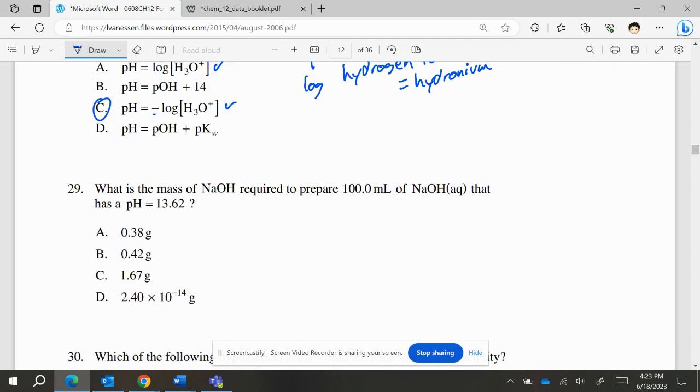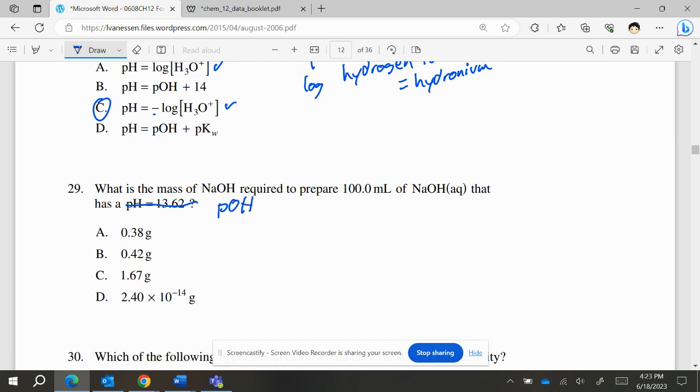What is the mass of NaOH required to prepare 100 mL of NaOH that has a pH of 13.62? My first thing is that I don't want to find hydronium. I want to find hydroxide. So I'm going to be using the pOH scale.